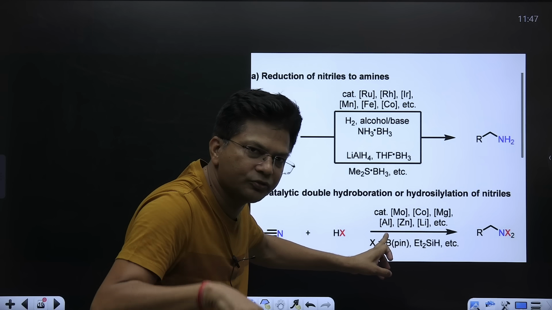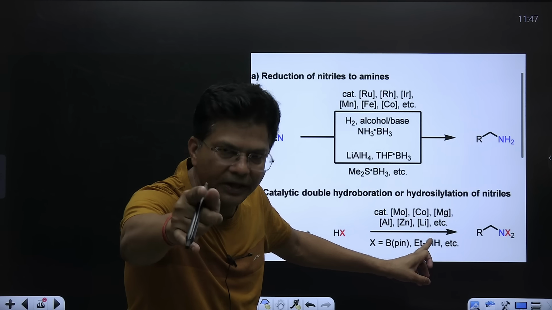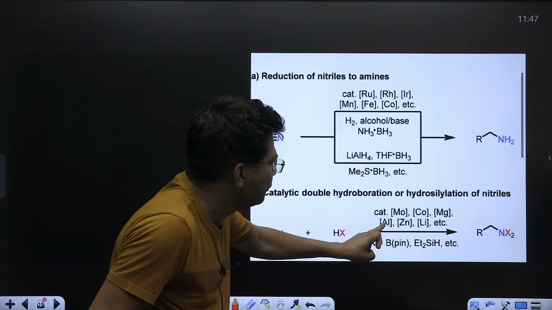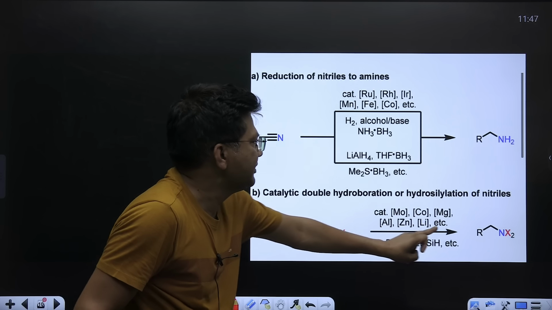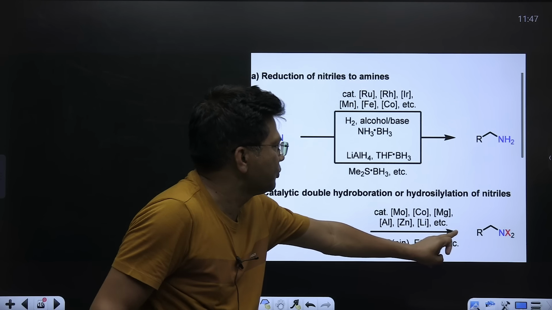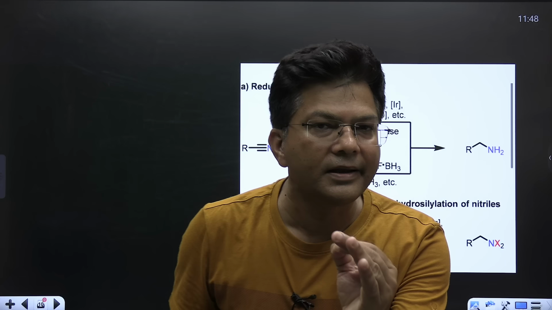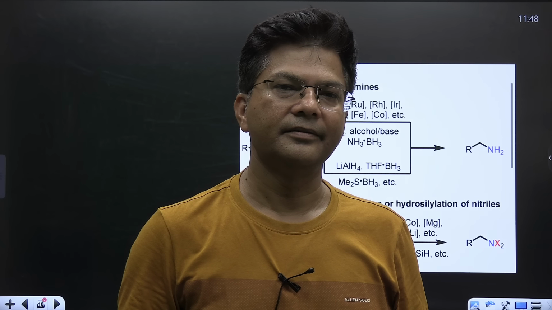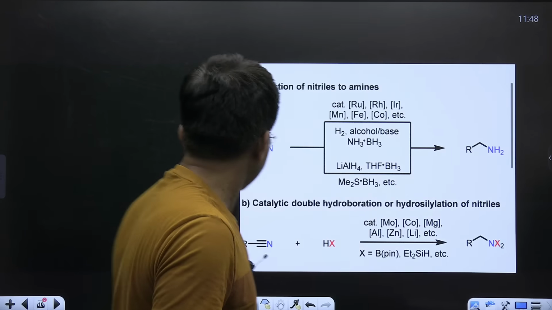Why am I giving this source? Because tin is from the P block. This aluminium is also from the P block. You can see this is producing RCH2NH2, and you see RCN with ruthenium, rhodium, iridium, iron, cobalt, etc. Why have they used these? Because tin gives only 60% yield, right? So what was the question?